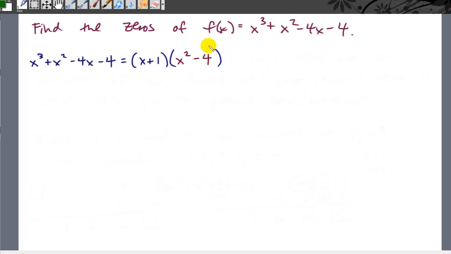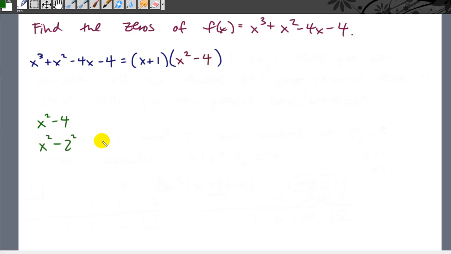What I see here is we can actually factor this expression now. If you recall from a while ago, this is the difference of squares formula. So x squared minus 4 is the same thing as x squared minus 2 squared.